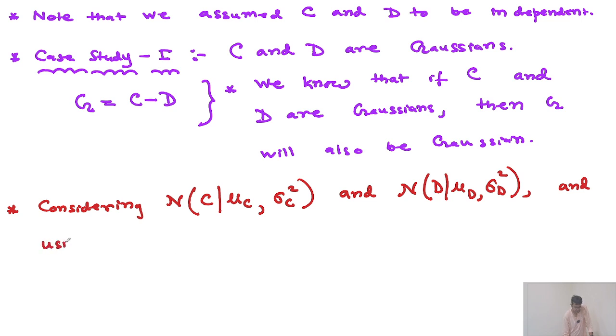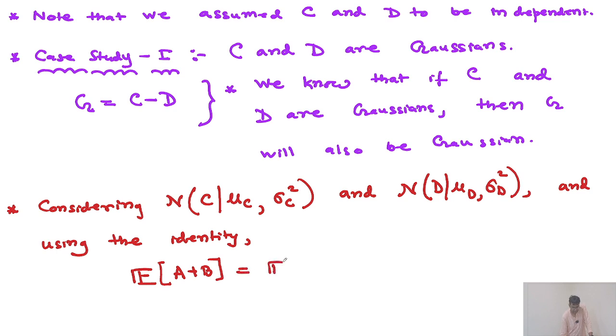using the identity. And what is the identity? Expectation of A plus B is equal to expectation of A plus expectation of B, right? And this is a known property. I am sure all of you are aware of this.